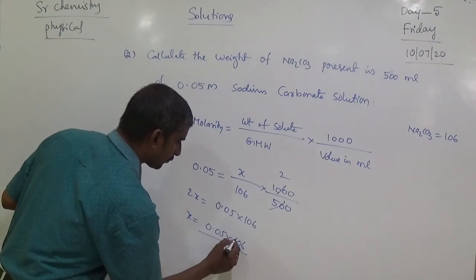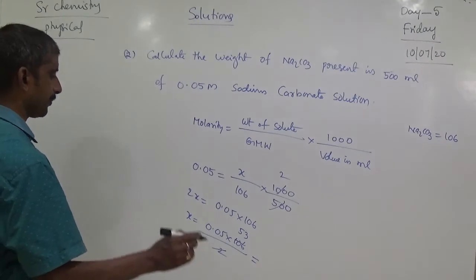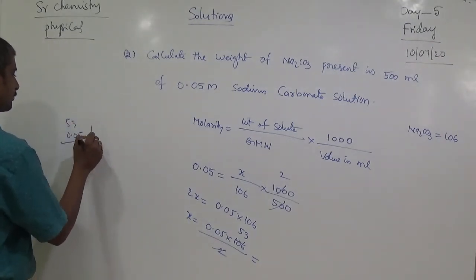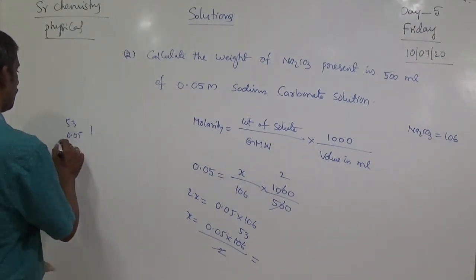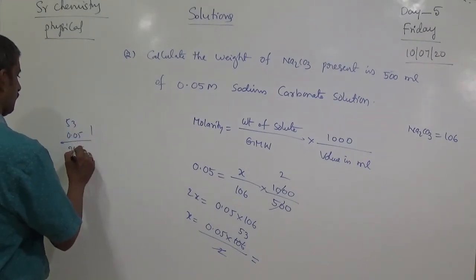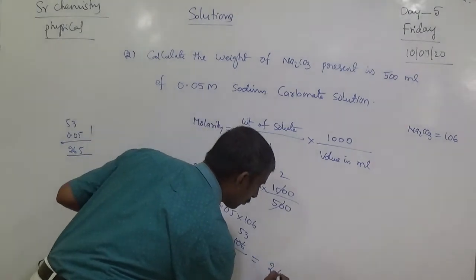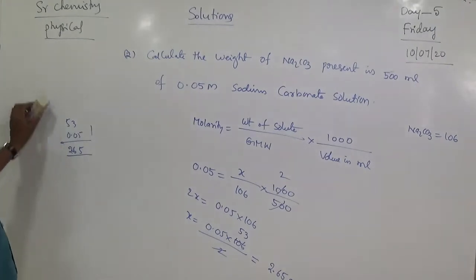That means 53 times 0.05, which is 2.65. That means 2.65 grams. That is the answer.